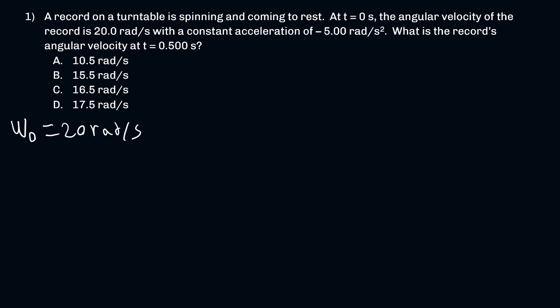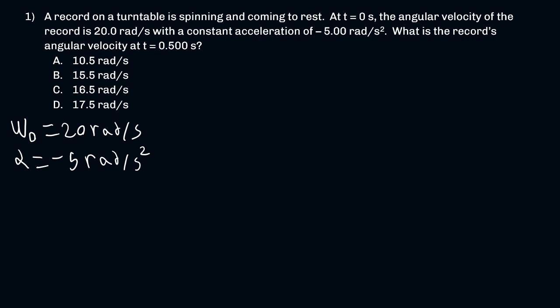What I also have is a constant angular acceleration of -5 radians per second squared. So alpha is going to be -5 radians per second squared.